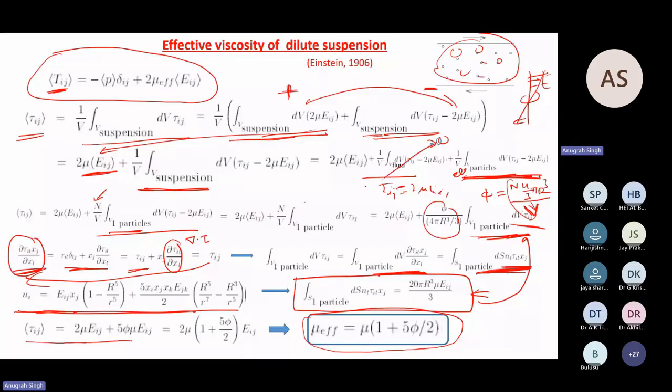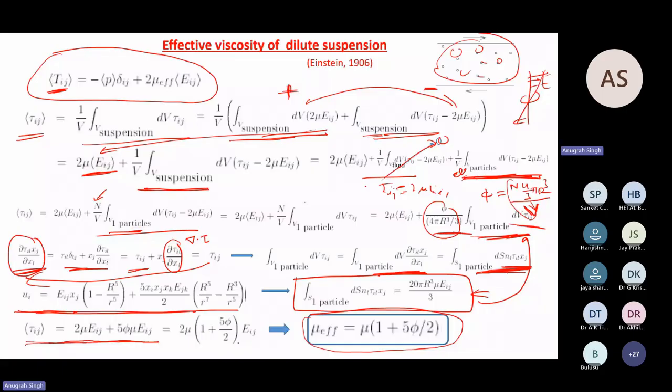The average viscous stress in the suspension is equal to 2 mu Eij plus 5 mu phi Eij. You substitute here in this one, so this becomes 2 mu times this, Eij.